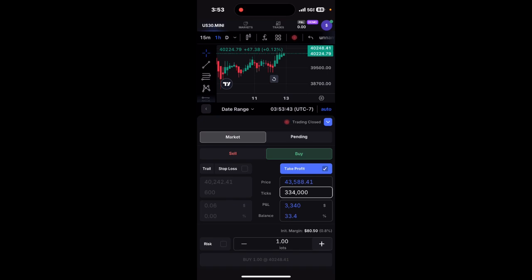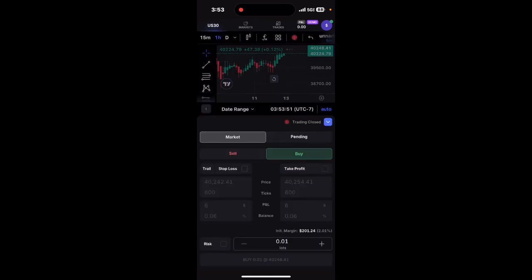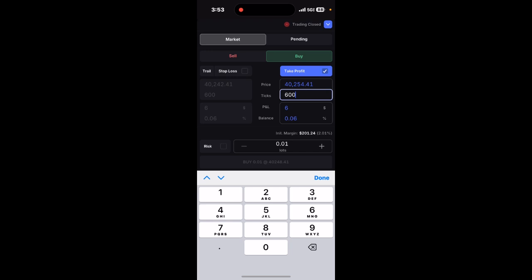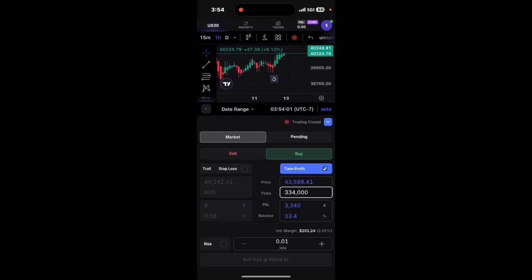When you get to $1 on the mini, that is the same thing as doing a 0.01. Doing $1 on the mini is the same thing as doing 0.01 on the regular US30. So that's what I would do for those that want to do the US30.